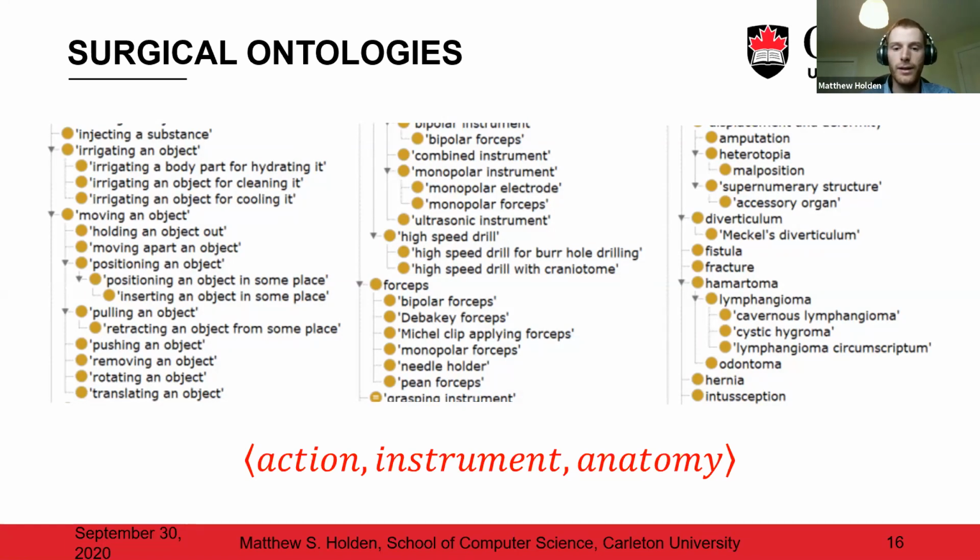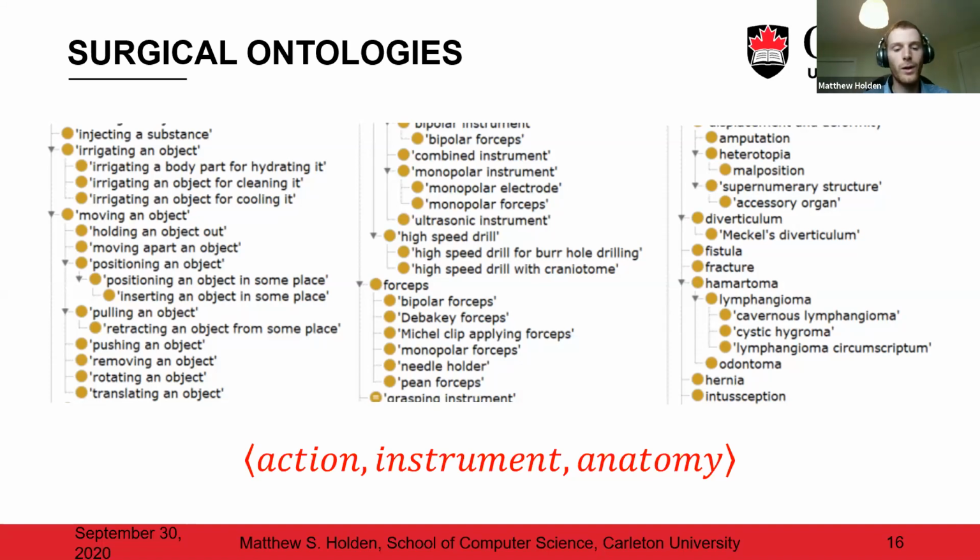So, of course, things like the diverticulum or a hernia. And if we can define all of these elements and components within a surgery, then we can speak about these elements and components formally.